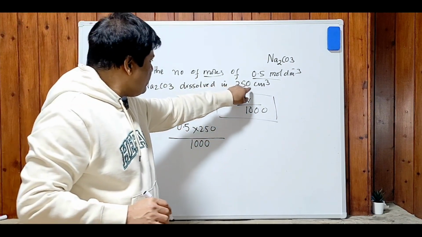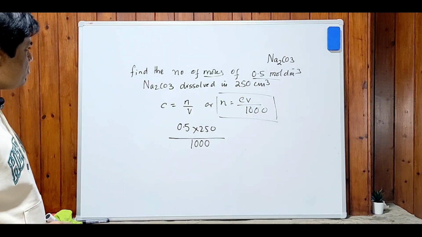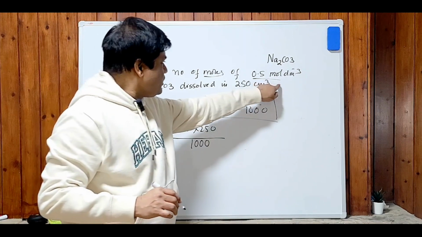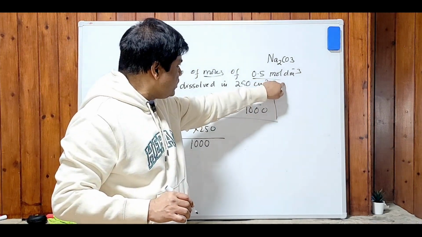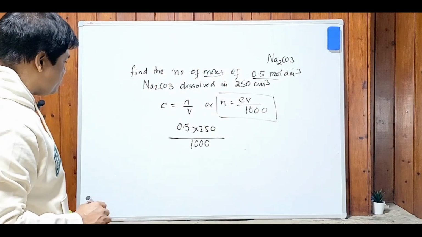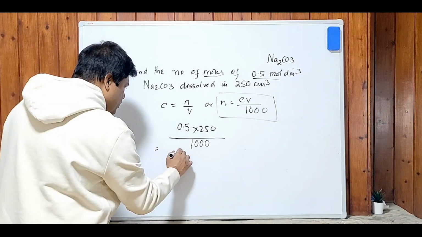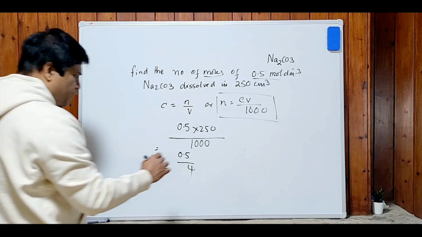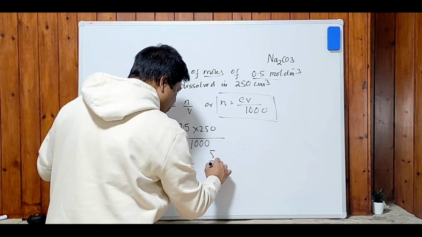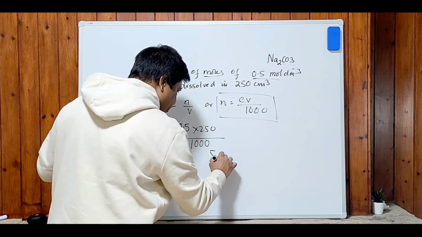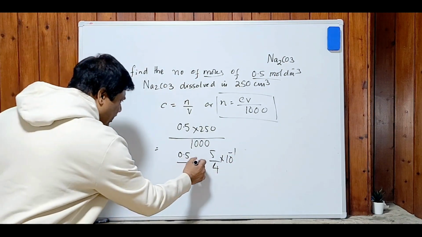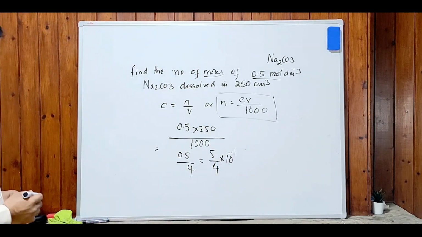Because the volume is given in centimeter cube. I have to convert into dm cube always. Look at the standard unit of concentration, mole per dm cube. So 0.5 divided by 4, which is 5 over 4 times 10 to the power of minus 1. You can use the calculator and work out how much that is.